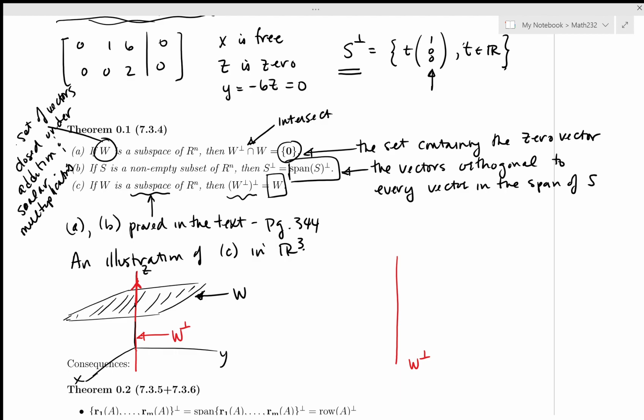I imagine something being perpendicular to this line, for example, this vector, and I'm imagining these things going around. They are on this plane here, like that, and that gets me back to W. So when W in 3D is a line, W perp is a plane, and when W is a plane, W perp is a line.